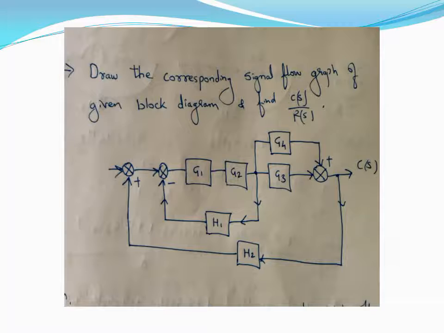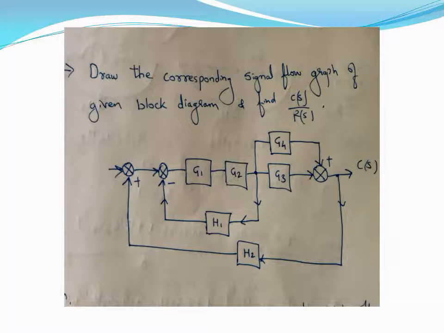As we have seen the steps to convert a block diagram into a signal flow graph, we'll follow those steps. If you can recall from the previous lectures, the first step is to name the summing points and the takeoff points. From the diagram, the first summing point where the signal is entering, we can name it S1.